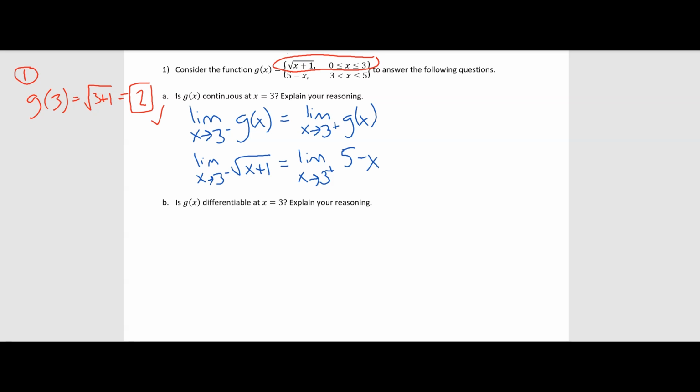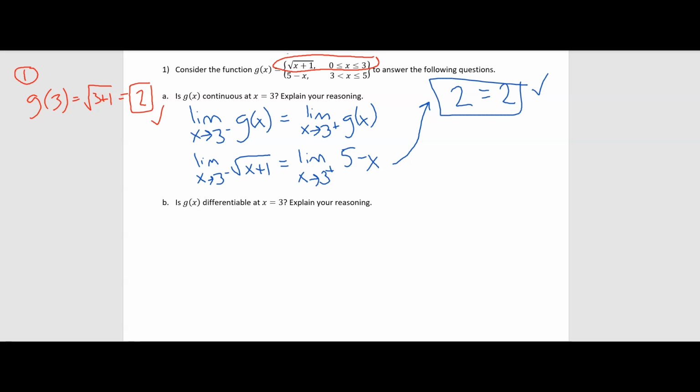And again, both these limits can be evaluated by direct substitution. So when I evaluate the left side limit, we get, again, 2. When I evaluate the limit from the right-hand side, we get 2 as well. So this checks out.